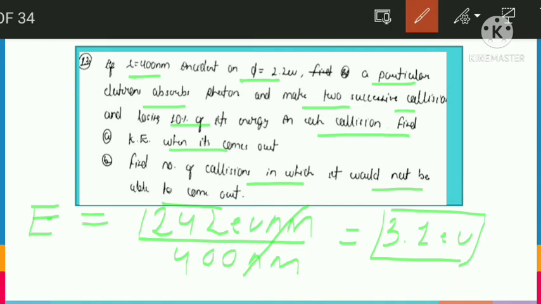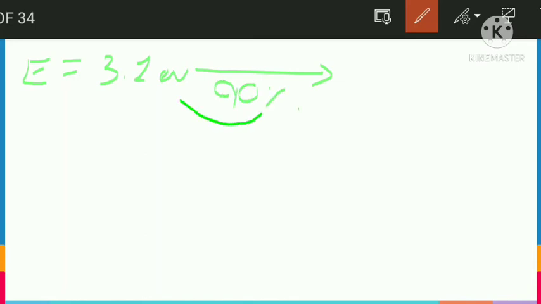So let's make its first collision and see how much energy it will retain. We have energy equal to 3.1 electron volt. It loses 10% of its energy, so how much energy does it still have? 90%, so it comes to be 3.1 into 0.9.